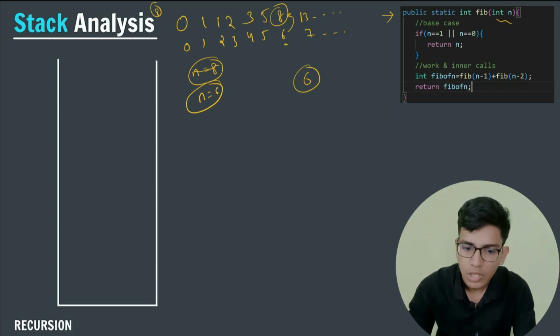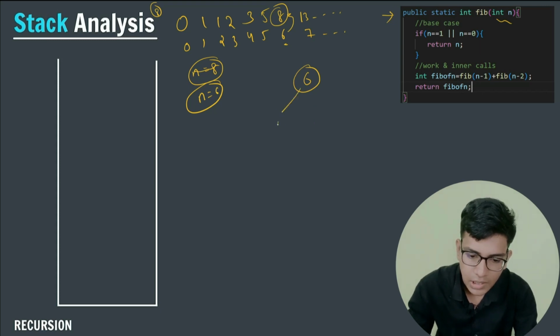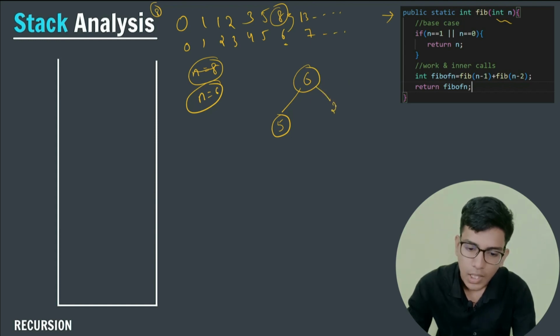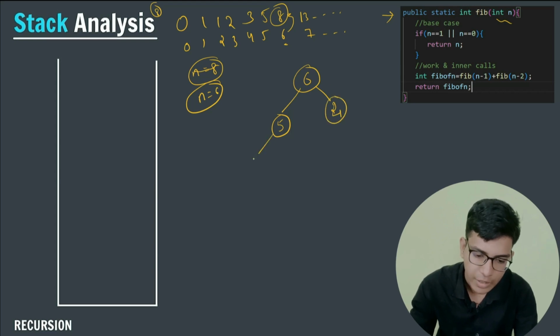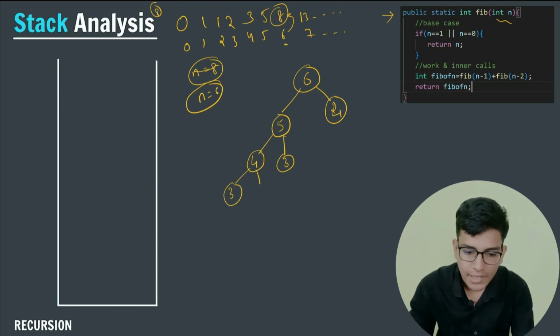A tree-like structure. So 6 will call 5, that is Fibonacci of n minus 1. After it, Fibonacci of n minus 2, that is 4. After it, 5 will call Fibonacci of n minus 1, that is 4, and Fibonacci of 5 minus 2, that is 3. And 4 will call Fibonacci of n minus 1, that is 3, and Fibonacci of n minus 2, that is 2.